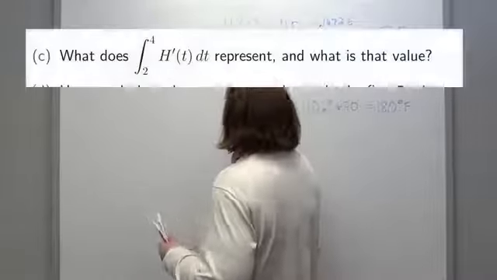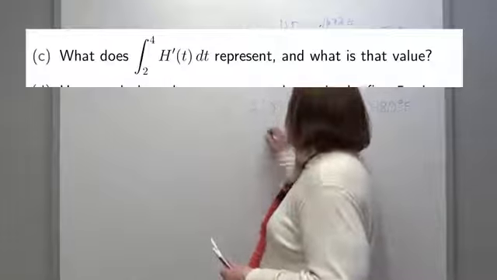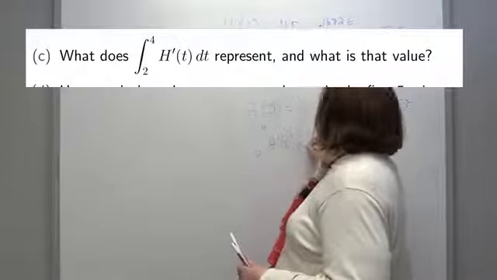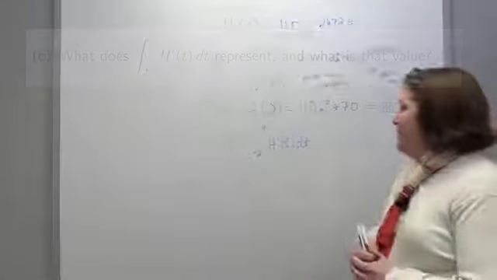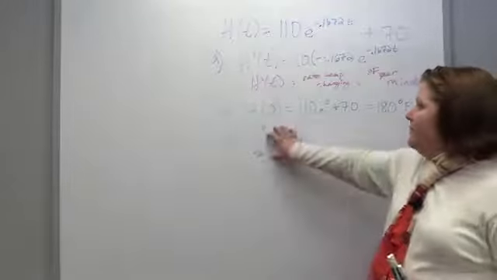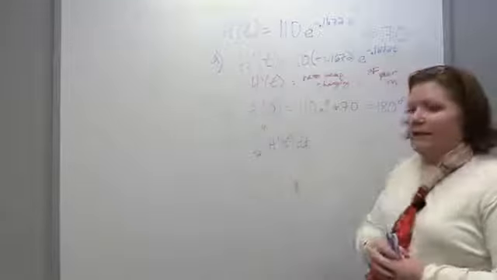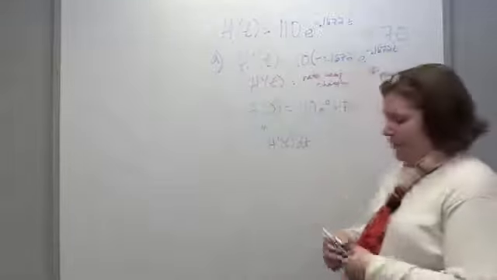Part C. What does this represent? And let's find its value. Well, like we talked about before, this is a rate of change of temperature. So the integral gives us the net change of temperature.